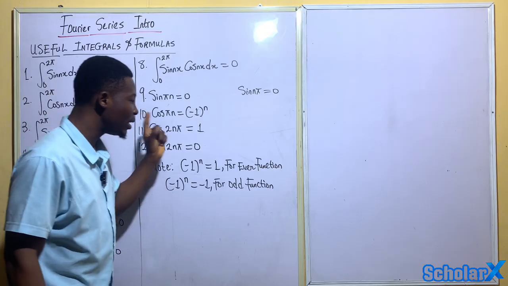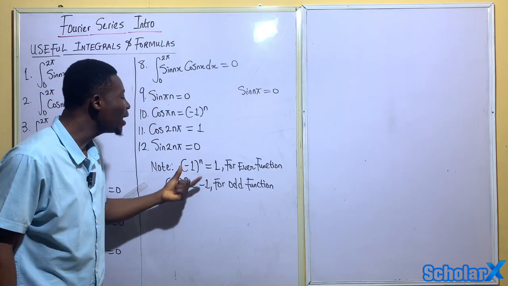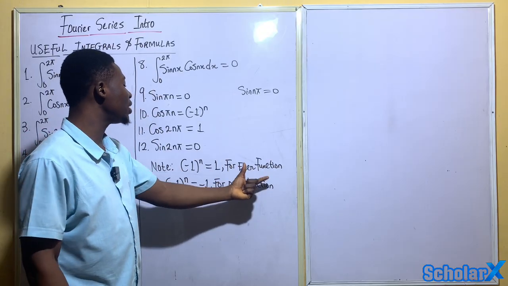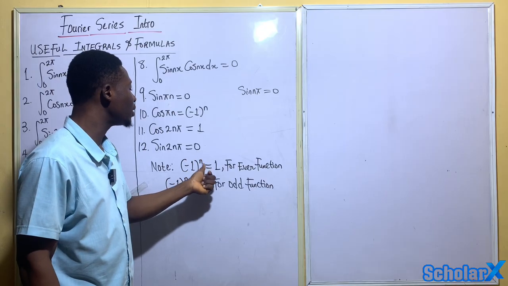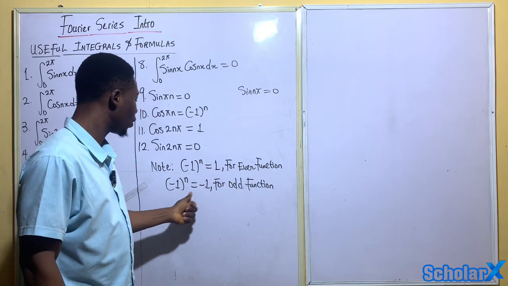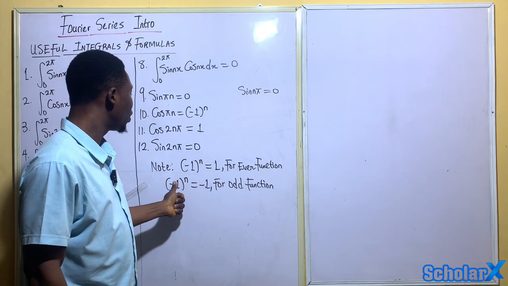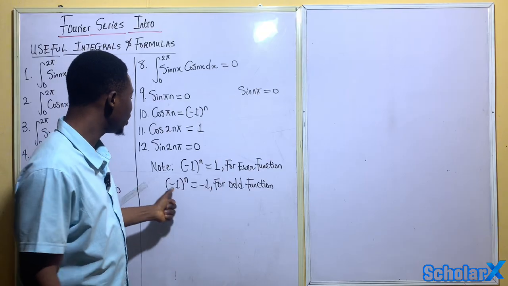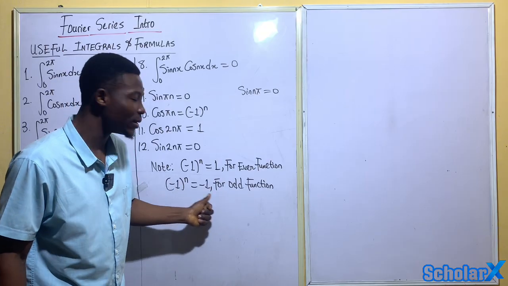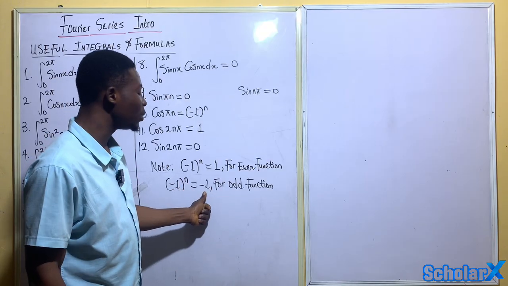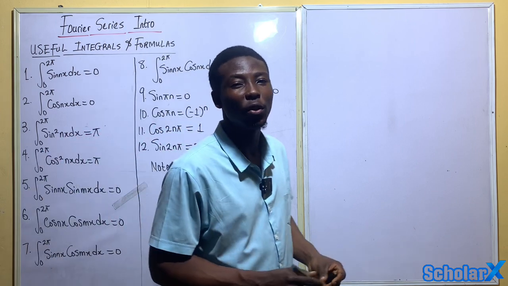Please take note of that. Now, when n is even, minus 1 to the power of n is equal to 1. When you put odd numbers here, you're going to get minus 1. So take note of that.